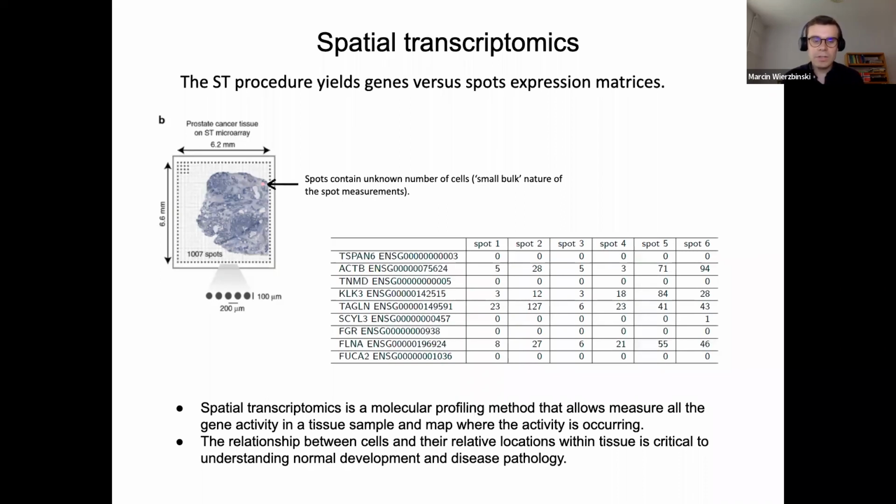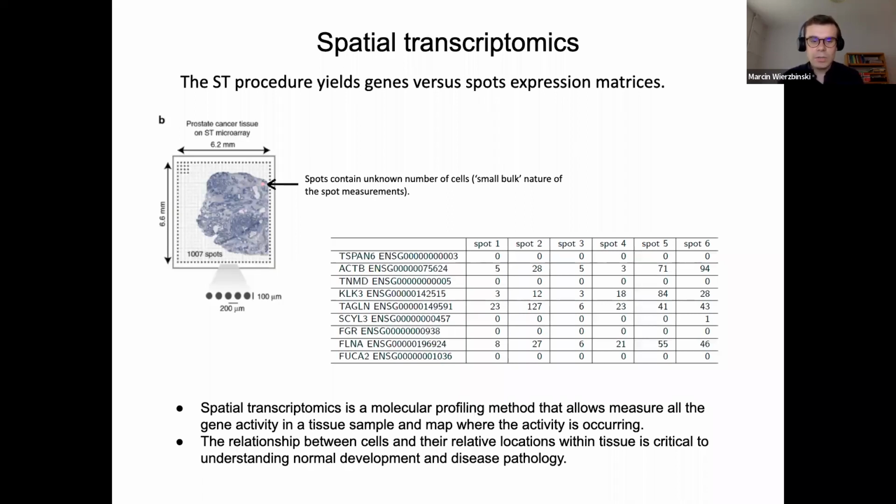All information is organized as spatial transcriptomic microarrays, which contain a grid with the localization of an unknown number of cells and the nature of the spot measurements. So we can observe signals which come from mixtures of cell types.